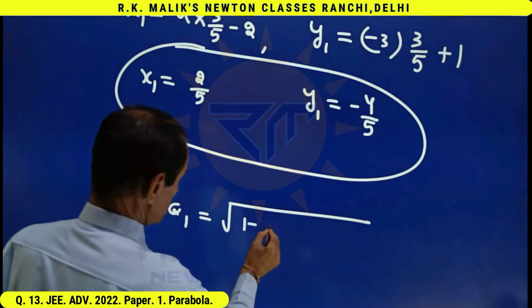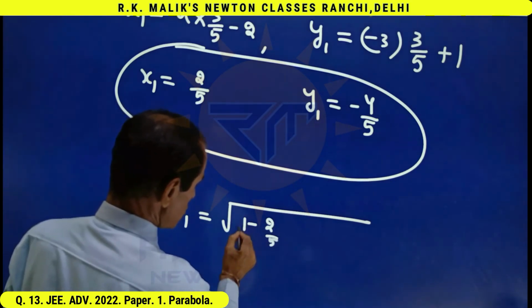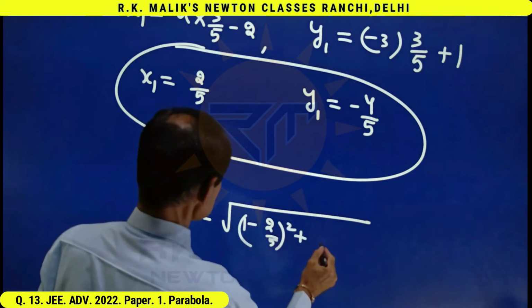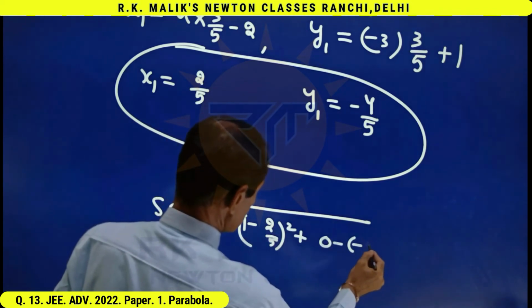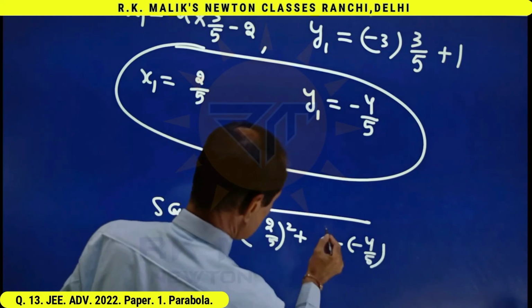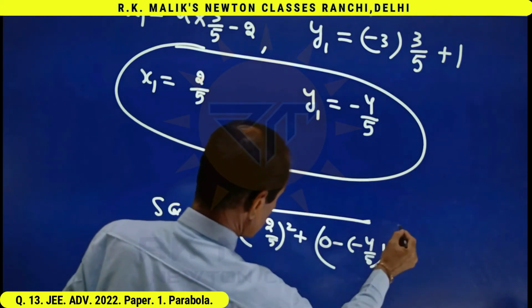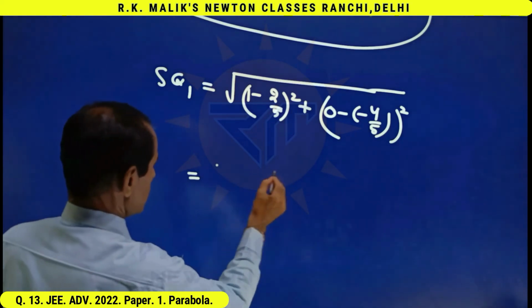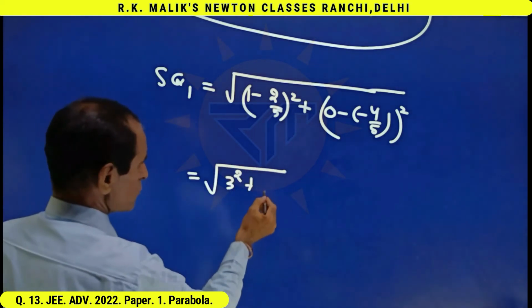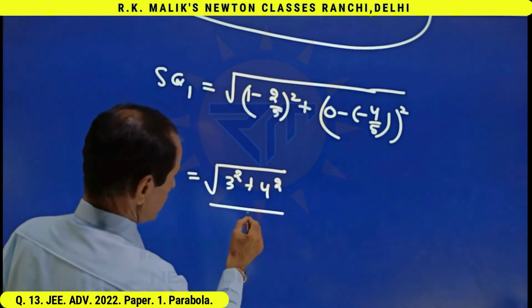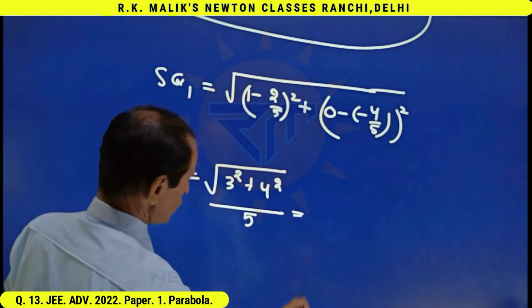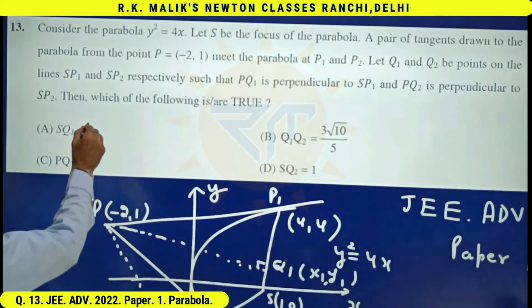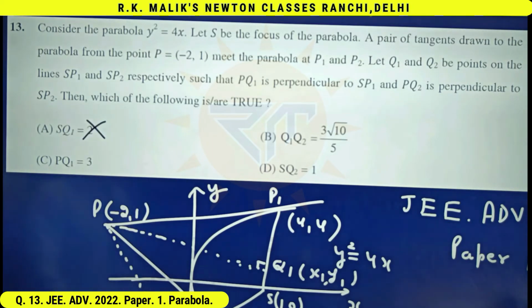Therefore I get the square root of (1 minus 2/5) whole square plus (0 minus (-4/5)) whole square, that is equal to the square root of (3 square plus 4 square)/5 square, that is 1. Hence I can say A is the wrong choice.